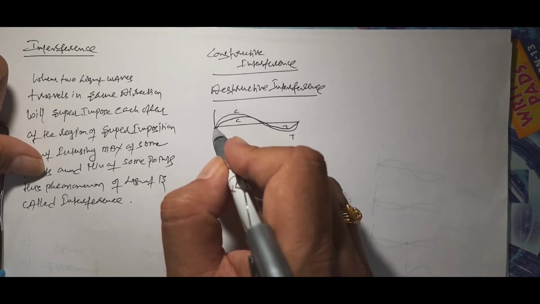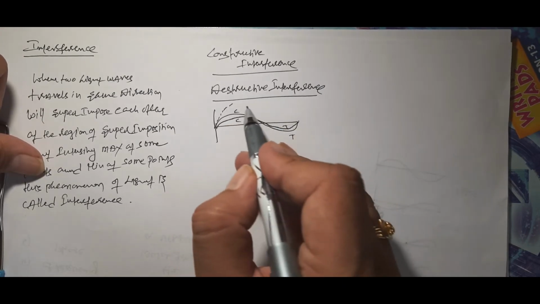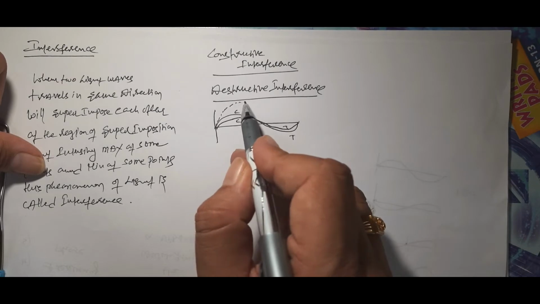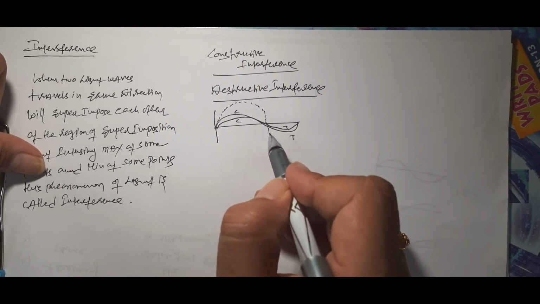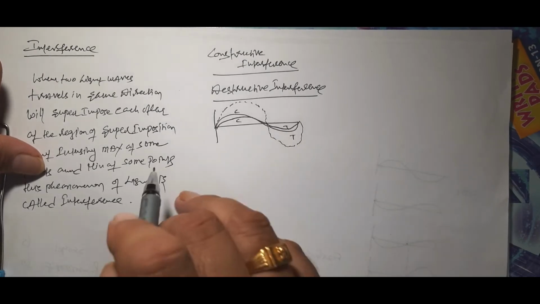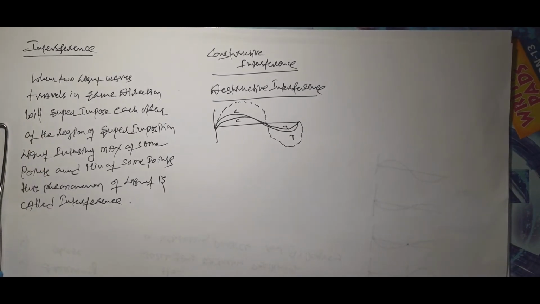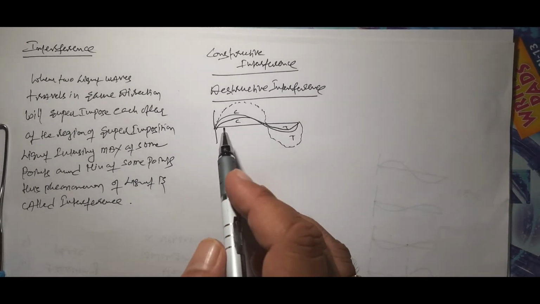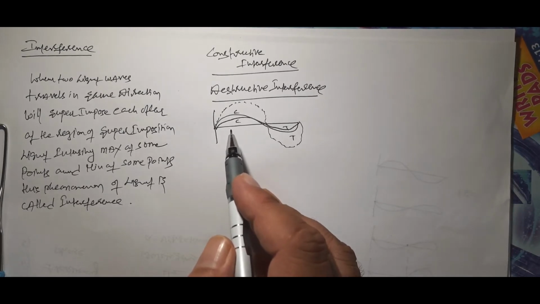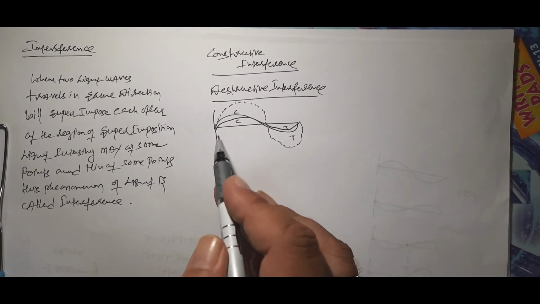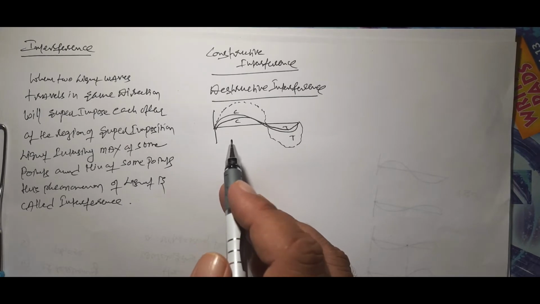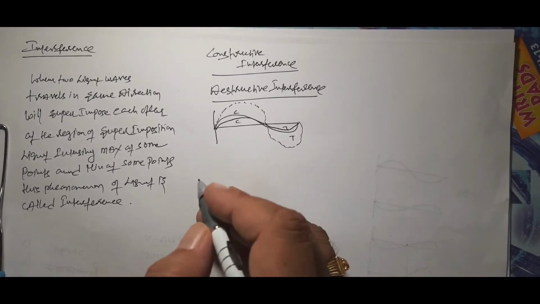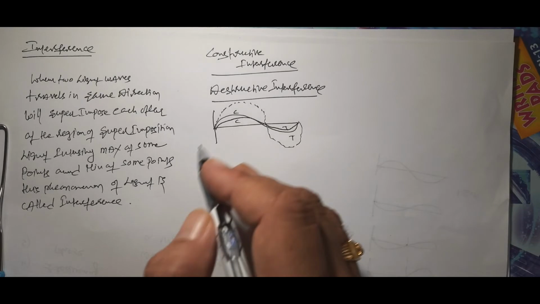Then the resultant intensity of light becomes maximum. If the crest of one wave falls on the crest of another wave, this type of interference is called constructive interference.